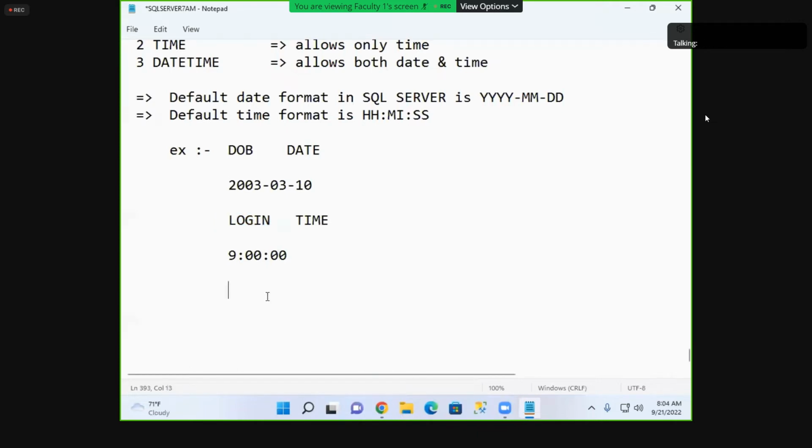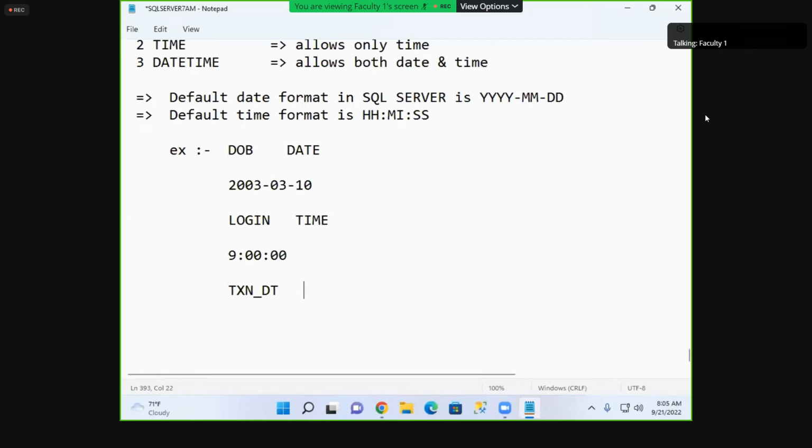Suppose you go to an ATM and do a transaction. Then they maintain the transaction date. What is important for the bank is date and time.